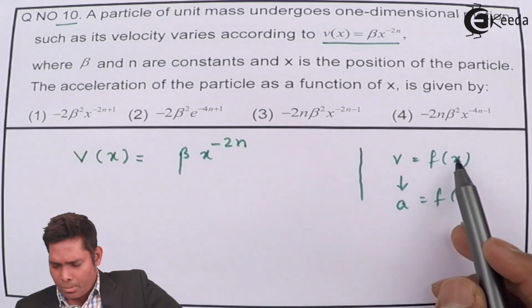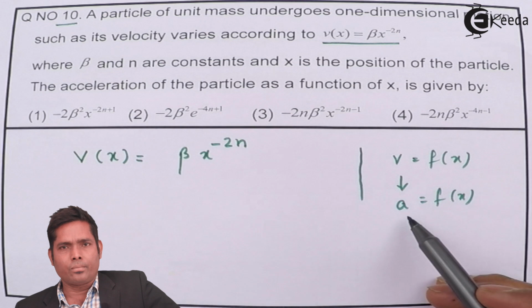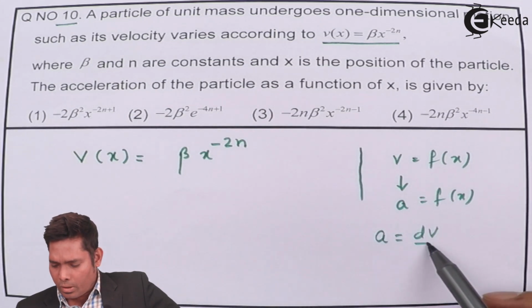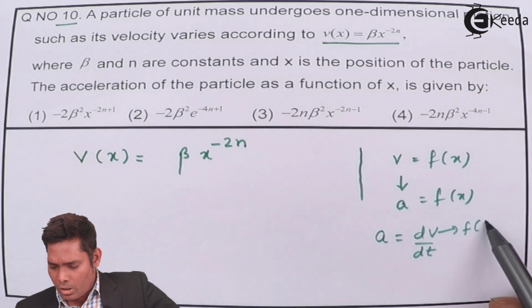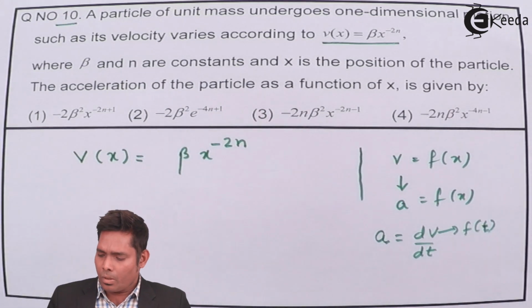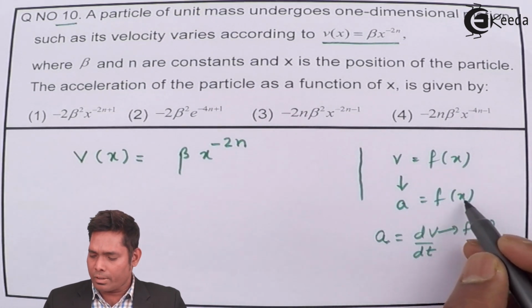If v is a function of t, then we differentiate that to get a, because a is dv over dt. But here v is a function of x and we want a as a function of x.